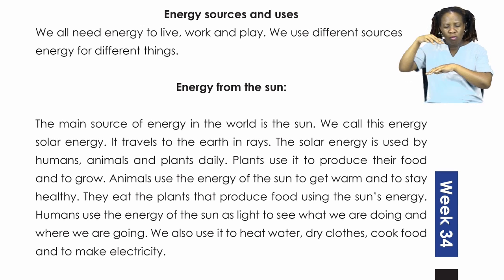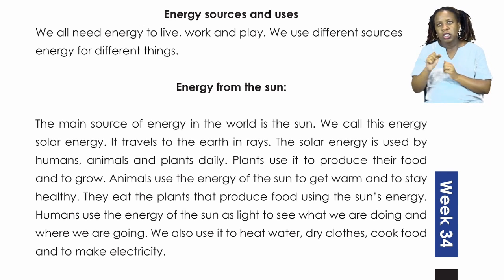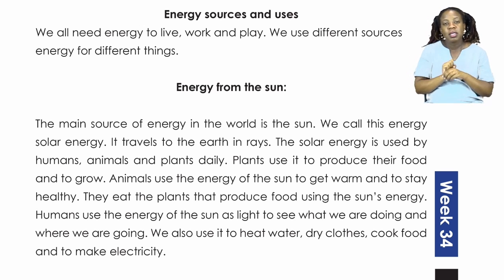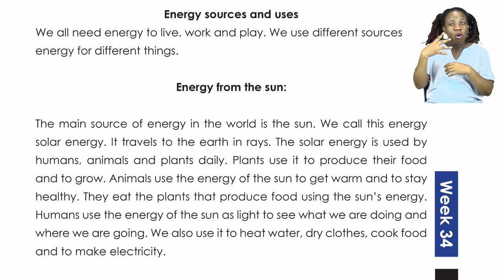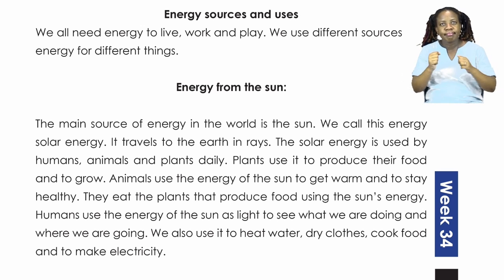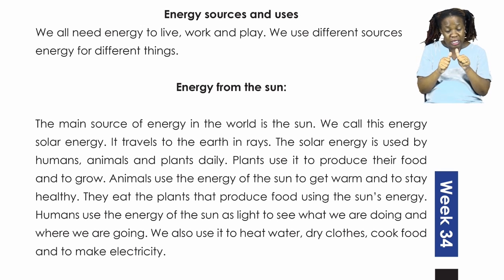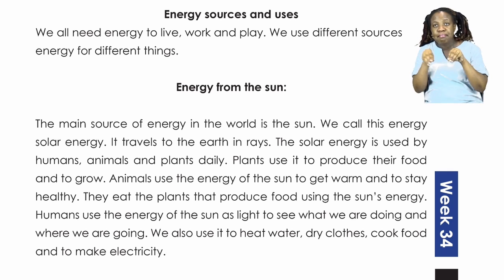The solar energy is used by humans, animals, and plants daily. Plants use it to produce their food and to grow. Animals use the energy of the sun to get warm and to stay healthy. They eat the plants that produce food using the sun's energy.